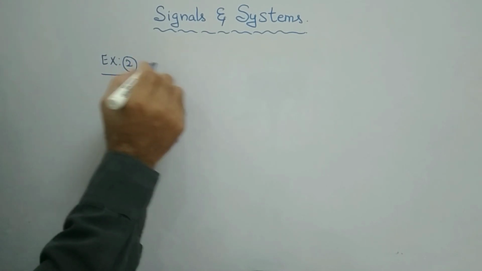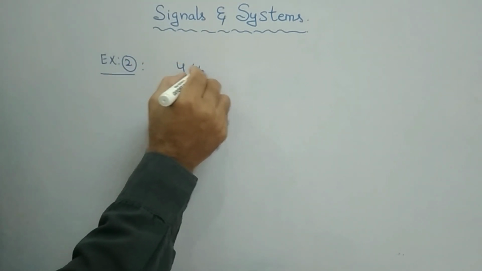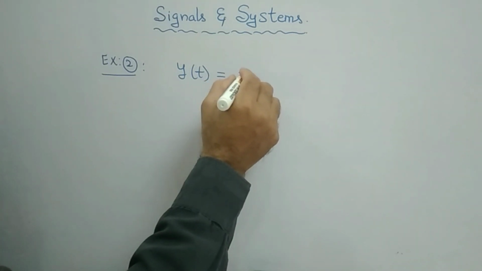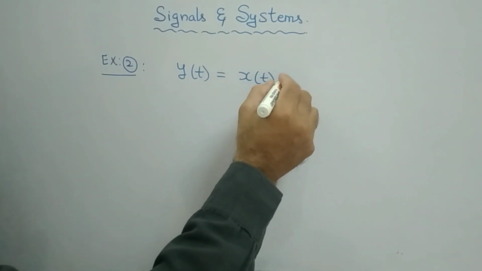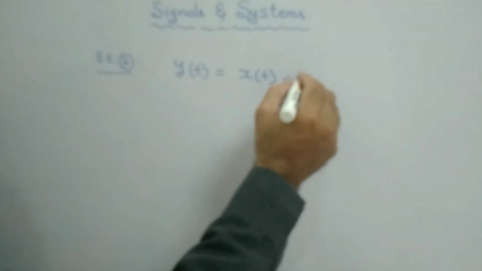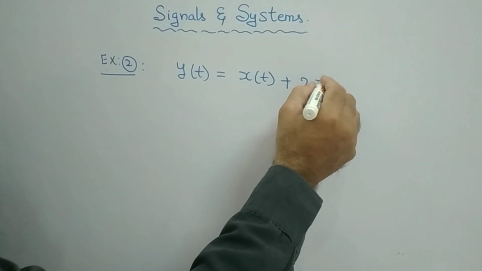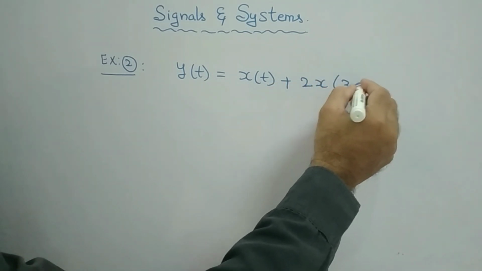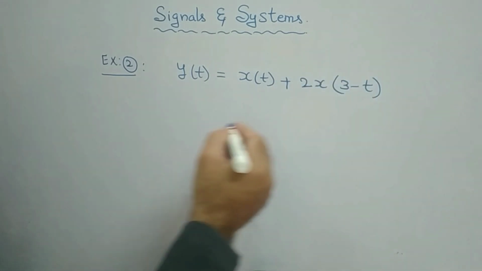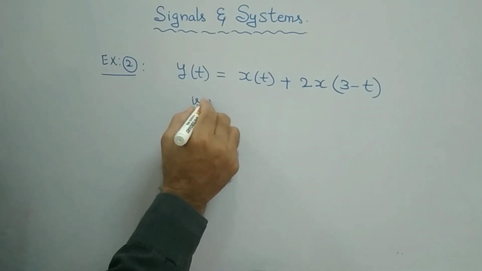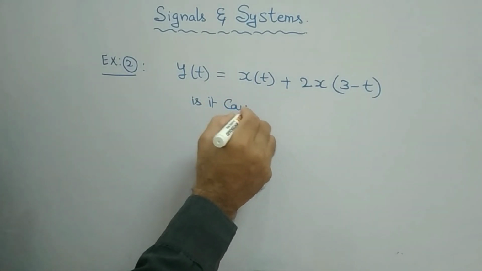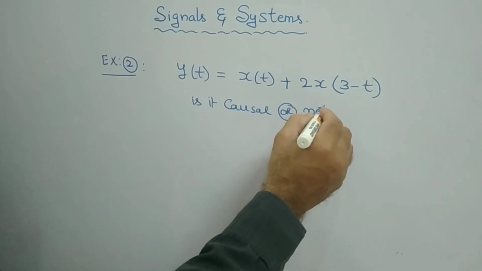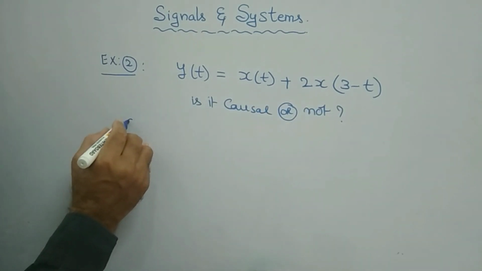Example 2: y of t is equal to x of t plus 2 times x of 3 minus t. Is it causal or not? How to solve this?